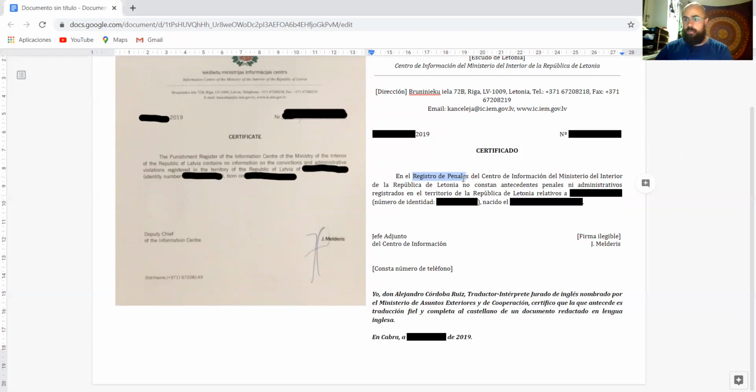And it is easier to understand for the person that is going to receive this document, so that they know what they are talking about. So, del Centro de Información del Ministerio del Interior de la República de Letonia no constan antecedentes penales ni administrativos.